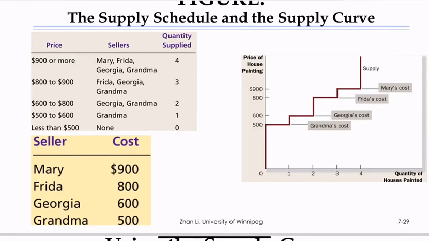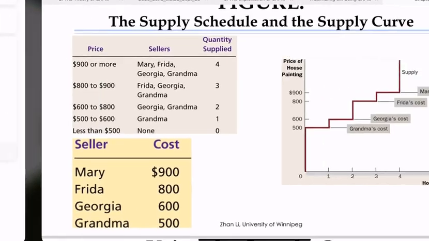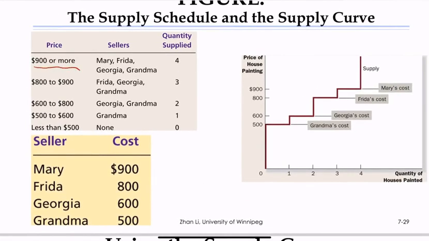So let's say we are looking at different prices. If price is high, that is above 900, then all four sellers will be happy to offer their services. And if price is 800 to 900, in this case, we would have three sellers, right?